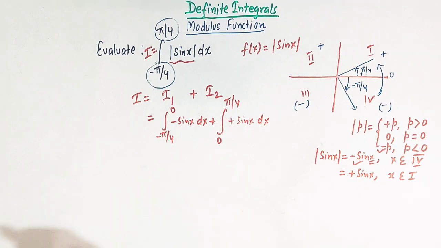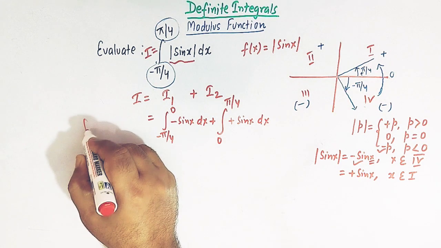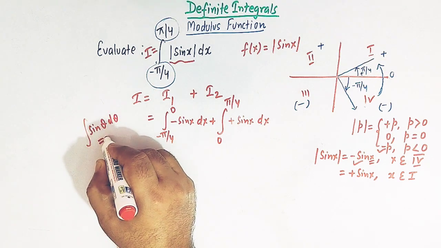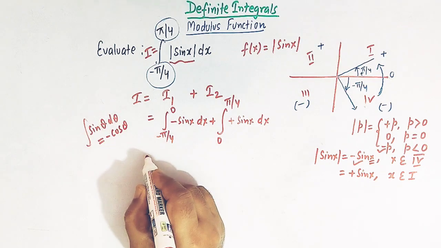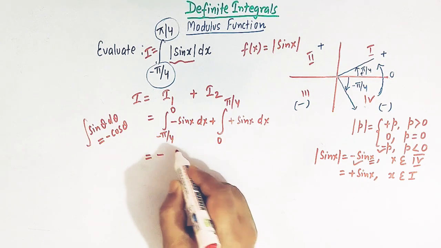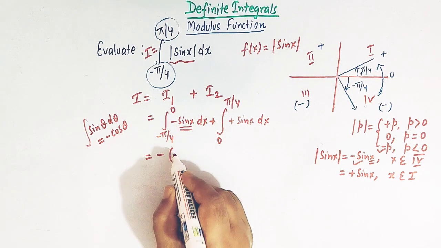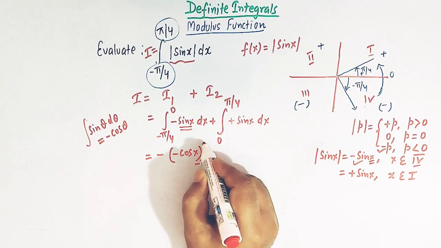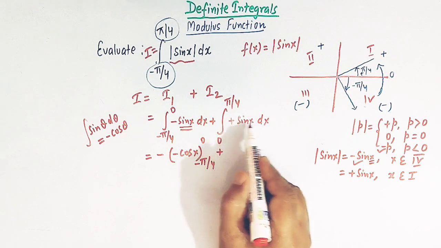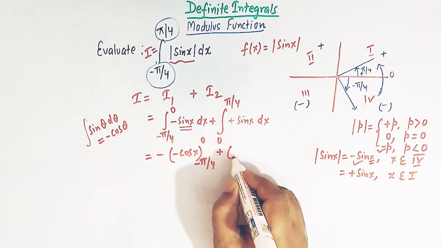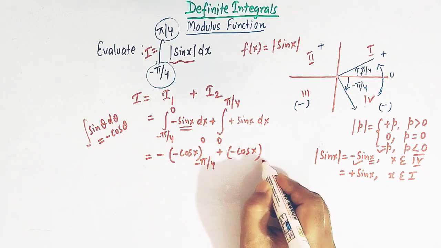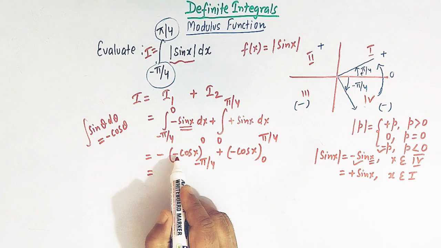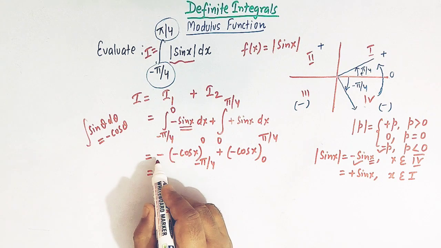Let us use the formula that the integral of sine theta is negative cos theta. Here we have the negative sign, and the integral of sine x is negative cos x, with limits from minus pi by 4 to 0. In the second integral, the integral of sine x is negative cos x, with limits from 0 to pi by 4. This negative and this negative, when multiplied, become positive.